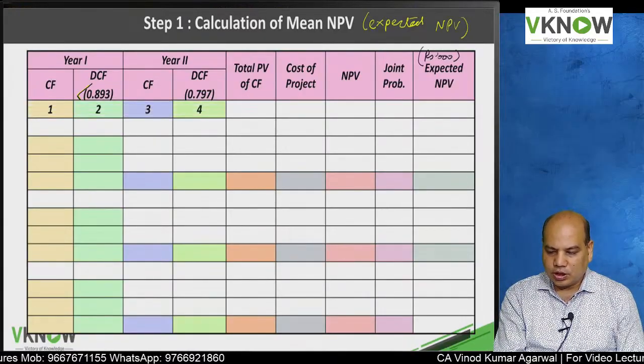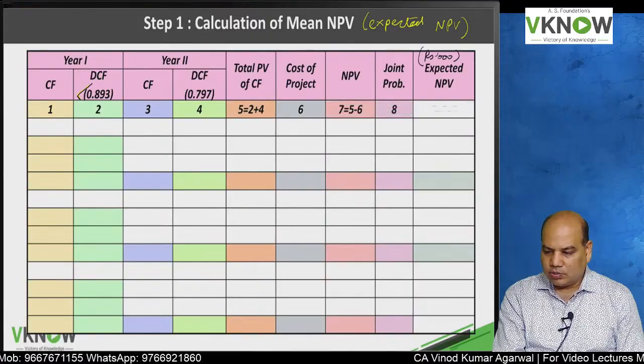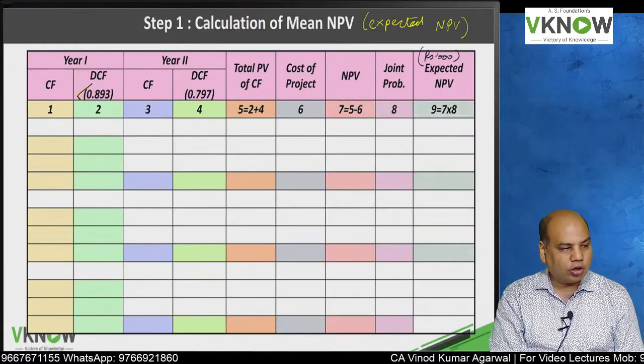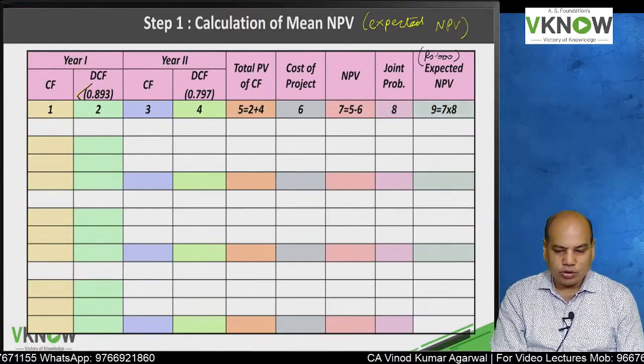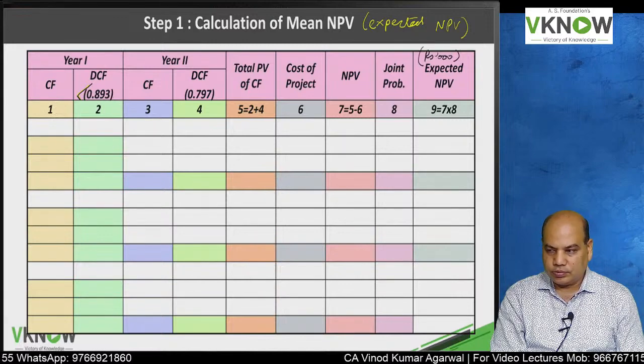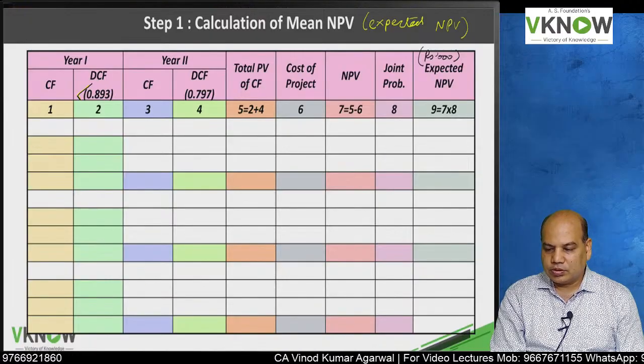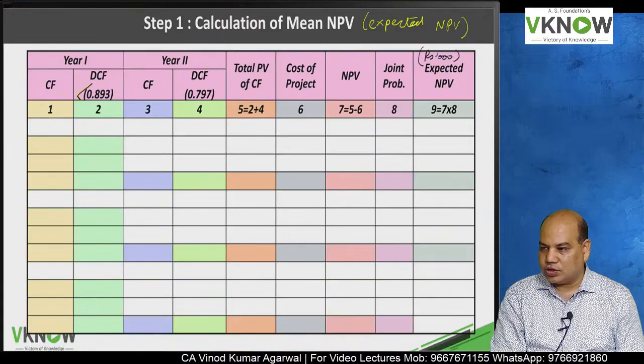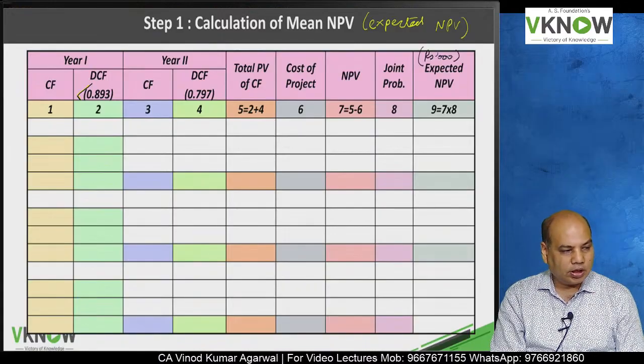Column numbers also will write down. These are column numbers. 1, 2, 3, 4. 5 is 2 plus 3, 2 plus 4, 6. 7 is equal to 5 minus 6. 8. 9 will be equal to 7 into 8.